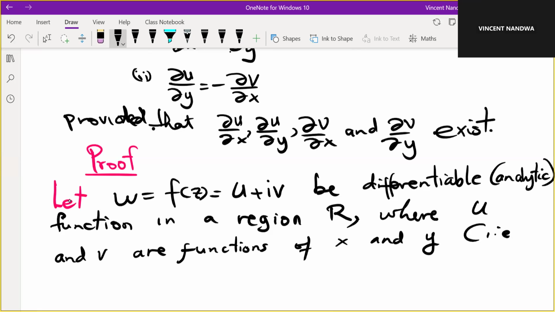So u depends on x and y, and v also depends on x and y. So I have a function w equals u plus iv, or f of z equals u plus iv. Then both u and v are taken as functions of both x and y.